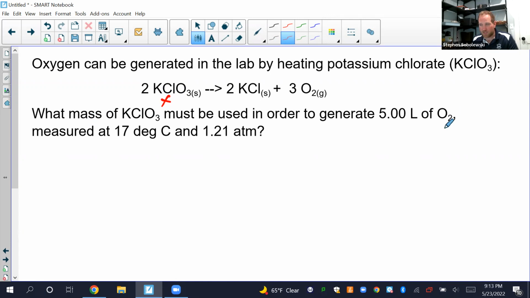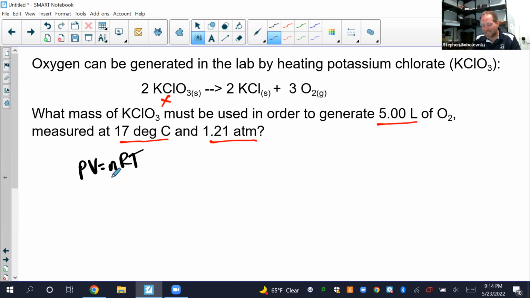Now, normally, the problem would give you grams of O2, and you would just turn it into moles, run it through the grid, and get your answer. But it didn't tell us the grams of O2. It gave us the volume of O2, the temperature, and the pressure. So what do you think you're going to do here? We need to find moles of O2 to then do the stoichiometry. Well, hopefully you're yelling at your screen, ideal gas law, PV equals nRT.